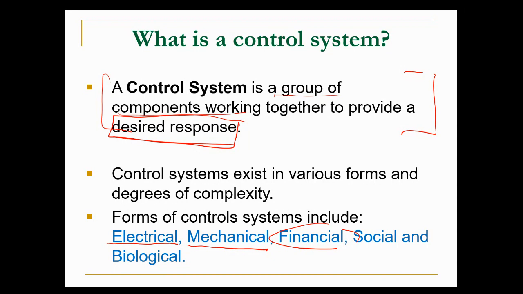So the point I'm making here is that you have different systems working to support or to achieve the desired response. And again, with every control system, there is a desired response. It is the desired response that is going to bring about a control system.